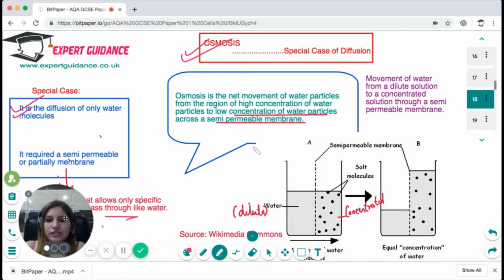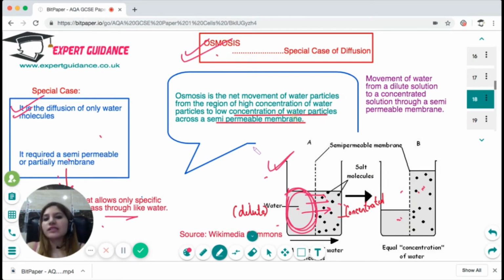Now, if you see this diagram here, the water is more on the left because there's no solute. On the right, there are salt molecules, so it has less water. So water from the dilute solution, dilute meaning it has more water, passes through this semi-permeable membrane to the concentrated solution until the water concentration is equal on both sides, and this is known as osmosis.